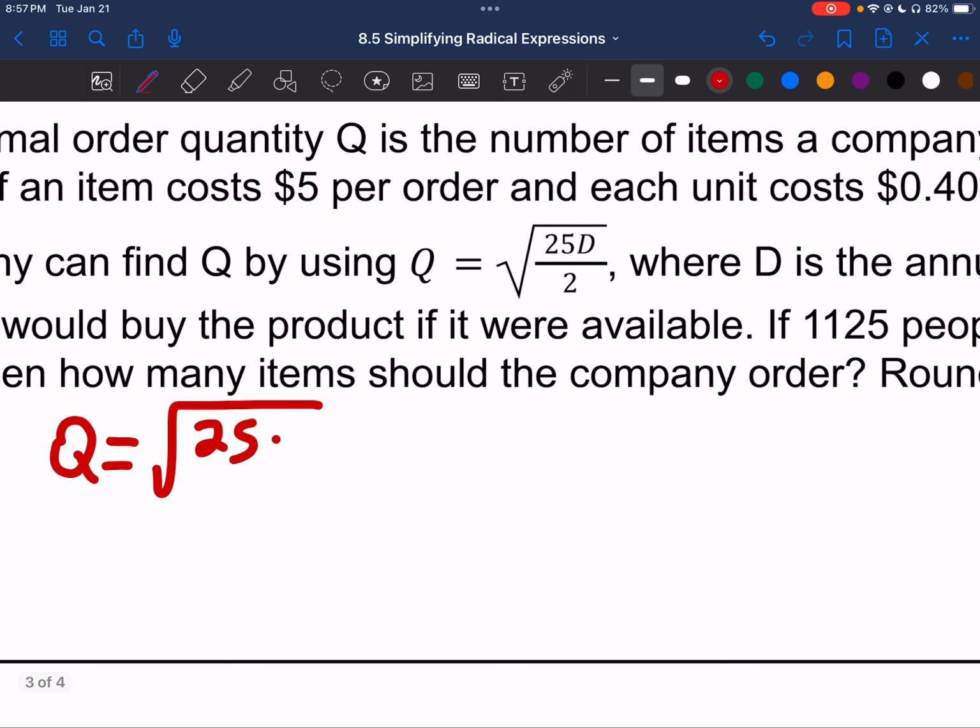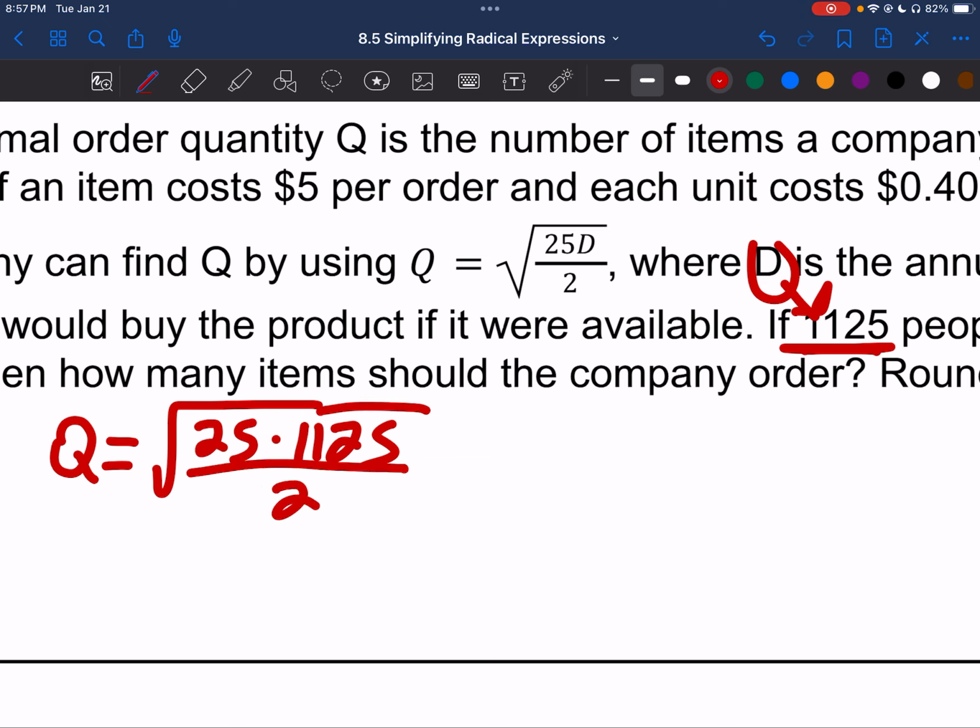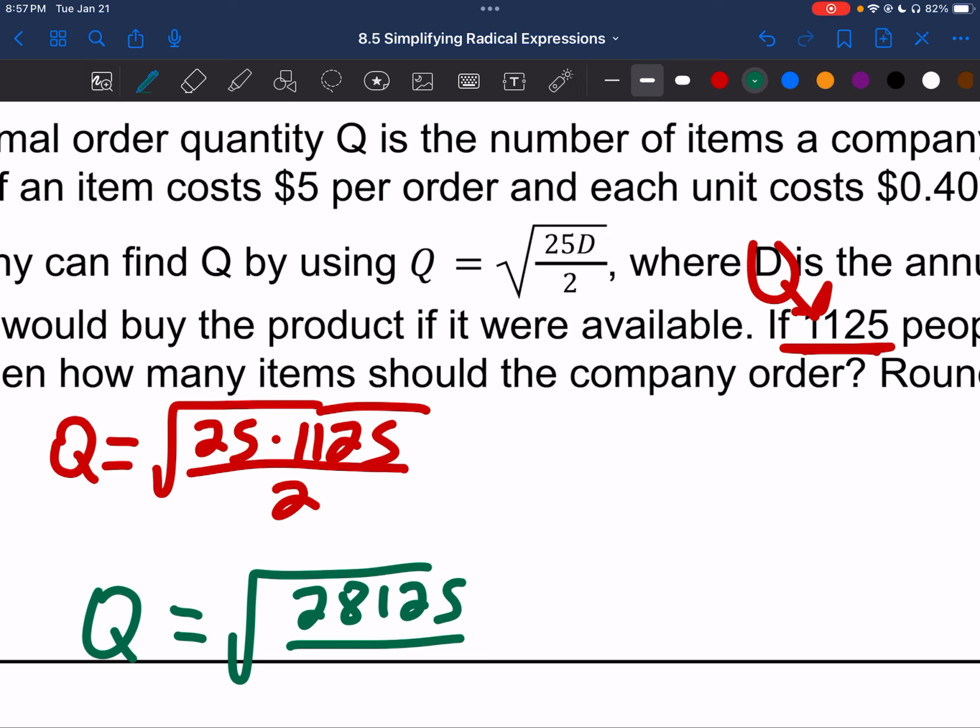And so that would be the 1125 is our demand. So 25 times 1125 over 2. All right, now you're going to actually do that. 25 times 1125, and you get Q is equal to the square root of 28,125 over 2.